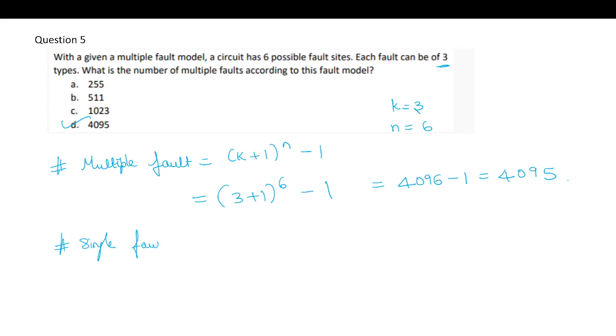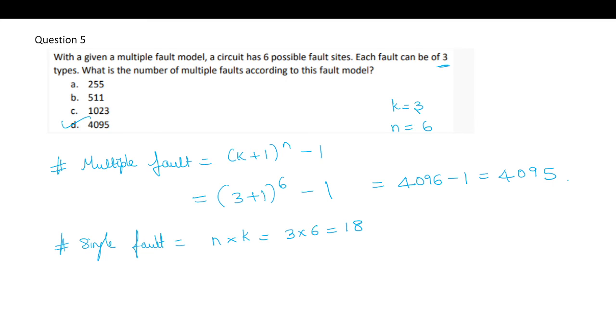So what will be the answer if we consider the number of single faults? It's just n into k. Yes, 3 into 6, it is 18.